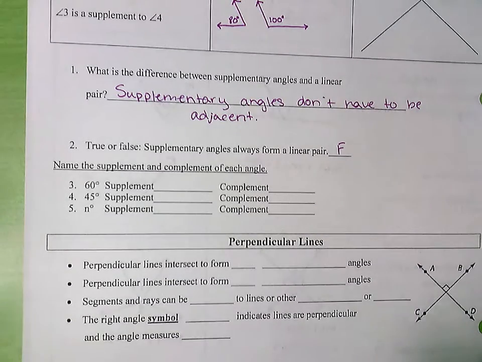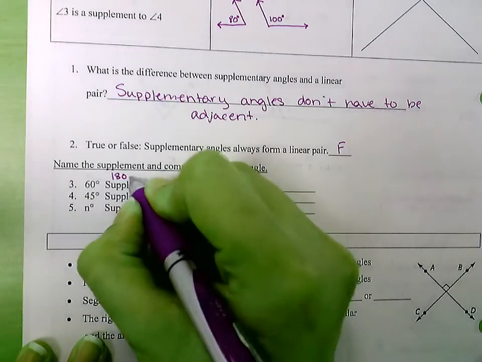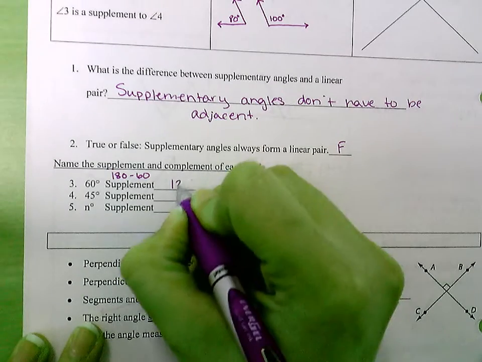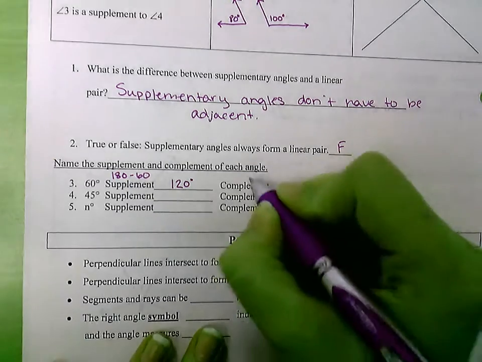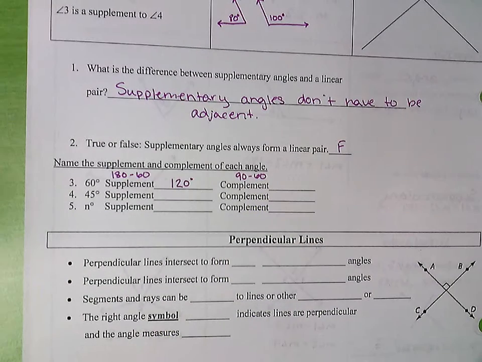So in order to do that, I'm just going to take 180 and subtract 60, and yes, it's 120. Then the complement of that angle, I would take 90 minus the angle I was given.